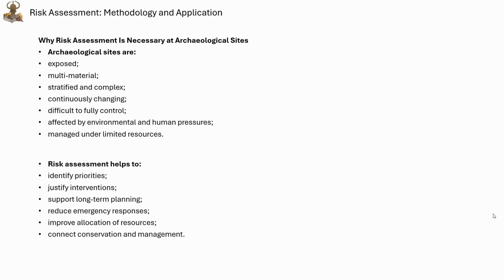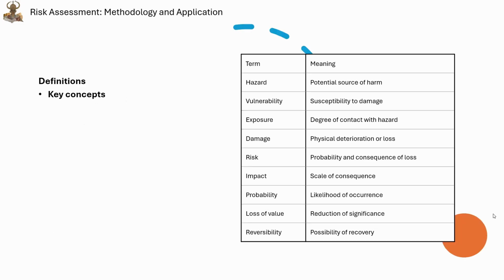So this risk assessment helps identify, prioritize, justify intervention, support long-term planning, and reduce emergency responses, which is also really important. So before something happens, we can think about it and have an answer for that. It also improves allocation of resources and connects conservation and management.